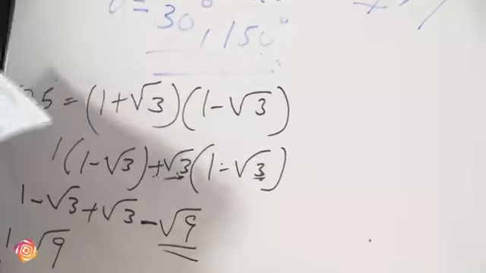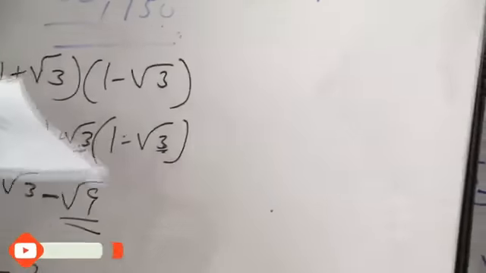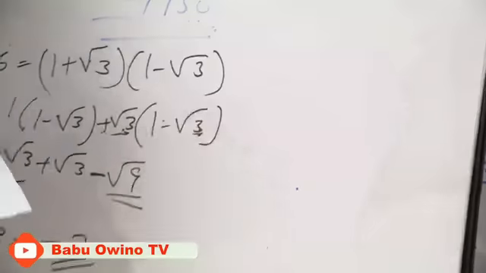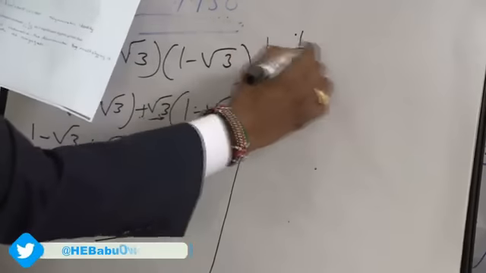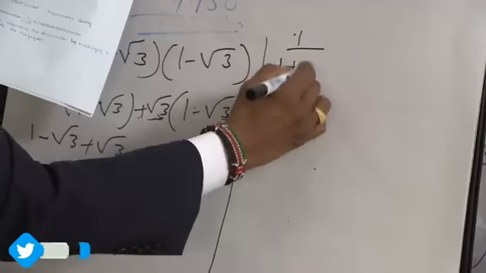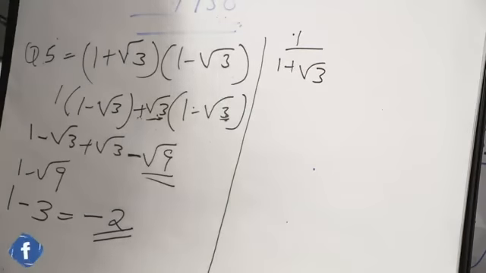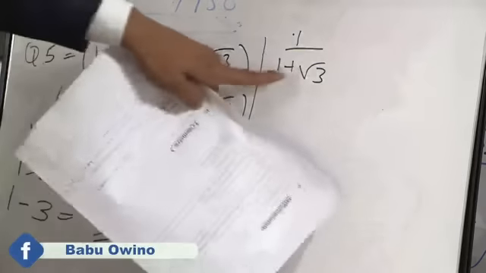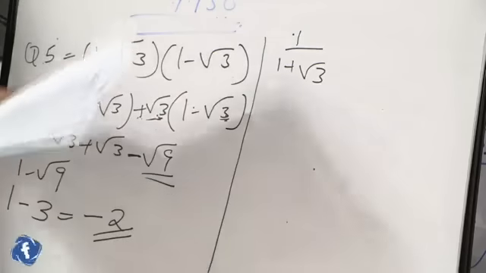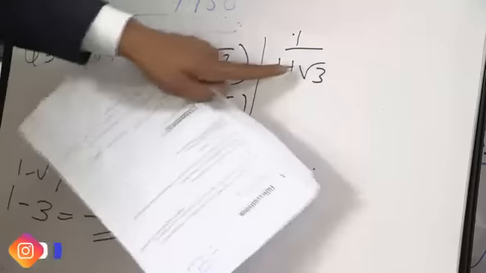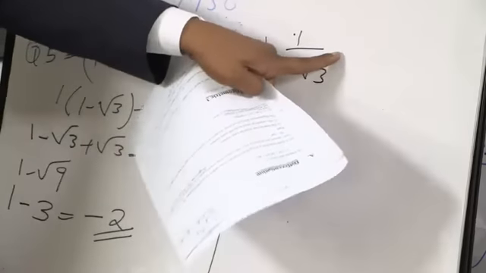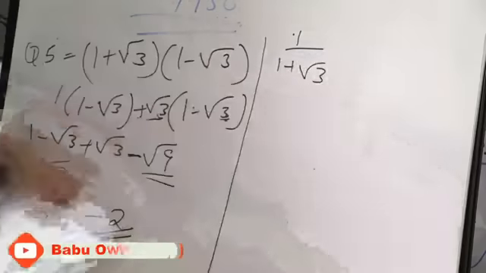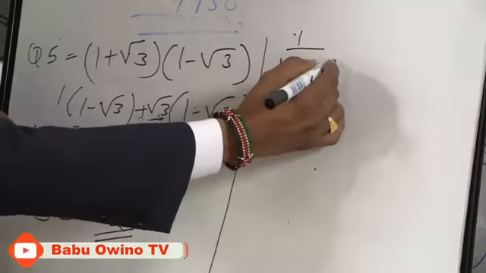Then you are told to simplify this and hence evaluate 1 divided by 1 plus root 3. When you are told to evaluate this, number 1, rationalize the denominator by multiplying with its conjugate.